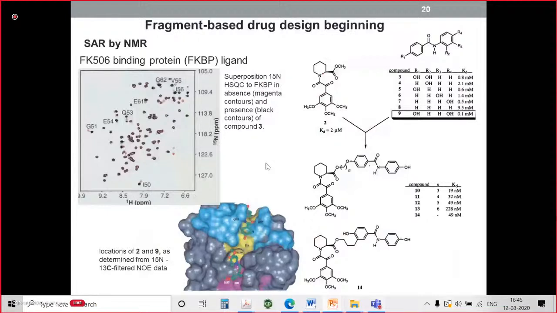Initially, it started with a search for different fragments binding to one site of the FK binding protein. Trimethoxypicolinic acid was initially identified with a dissociation constant of 2 micromolar.